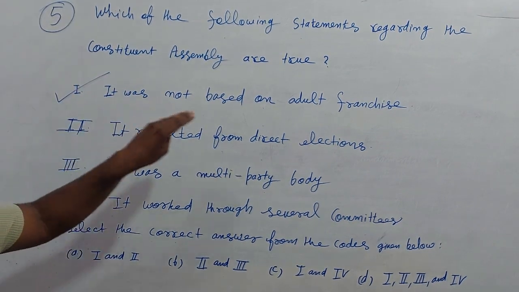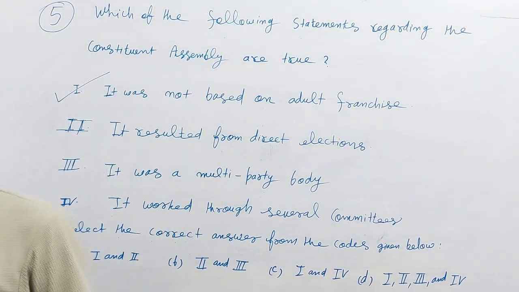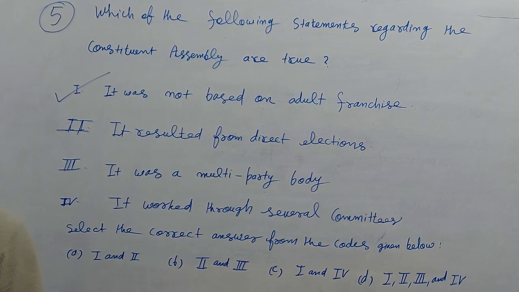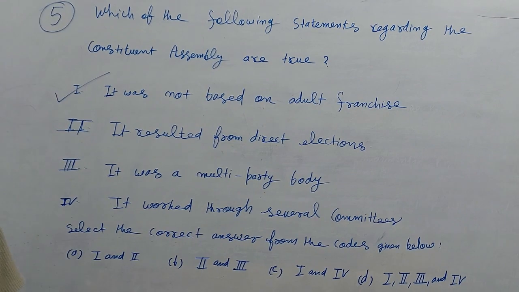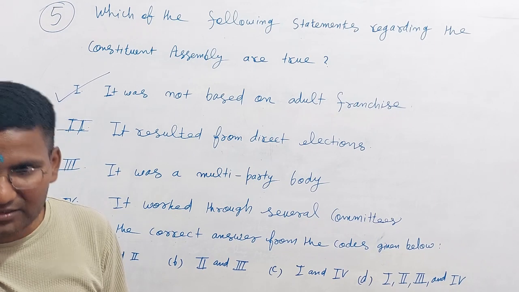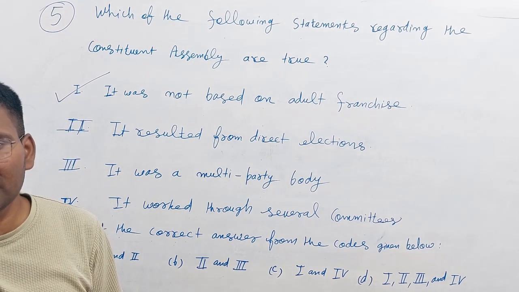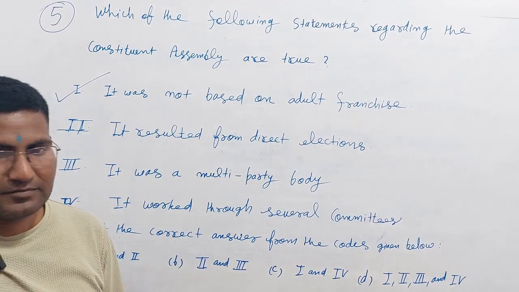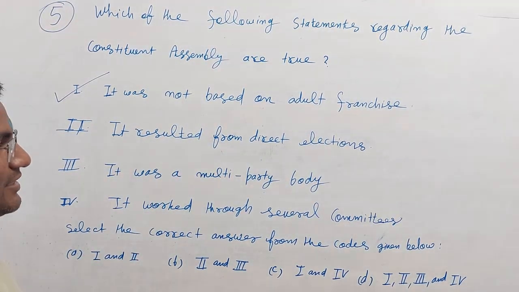It was not based on the adult franchise because the Constituent Assembly consisted of the elected representatives of various provinces who were eminent personalities in their own fields. Those personalities were not chosen on the adult franchise. Next, it resulted from direct election.